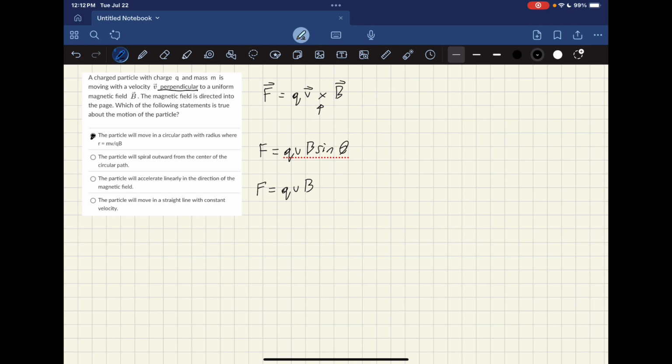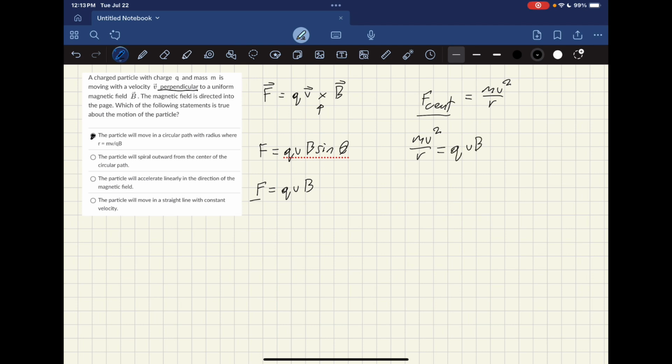Now we know from how I showed you that the particle is going to move in a circular motion with the force constantly directed inward. If you think back to kinematics, this lines up very well with the centripetal force, which has the equation force of centripetal equals mv squared over r. So we can actually set these two equal to each other and say mv squared over r equals qvB.